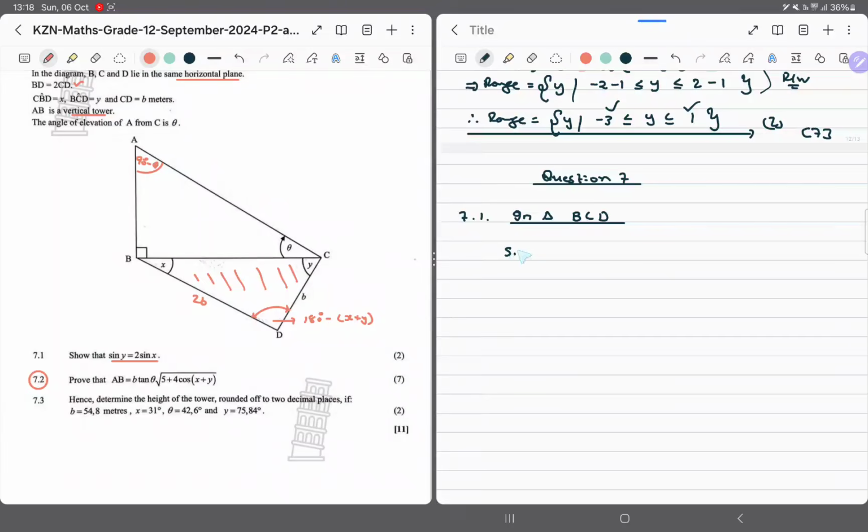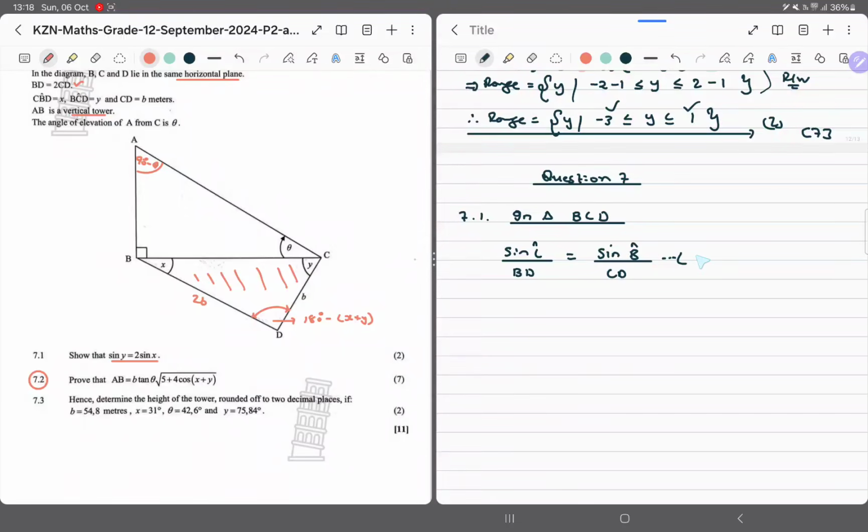We know that sine of angle C over the side opposite it, which is going to be BD, must be equal to sine of angle B over CD. Sometimes you can just write them as angle B instead of the comprehensive angle.